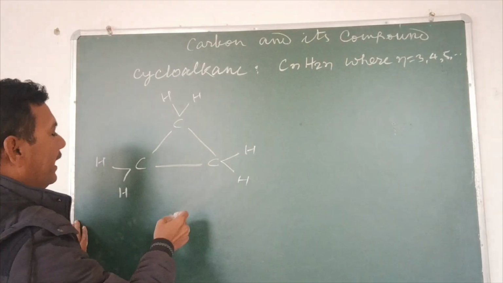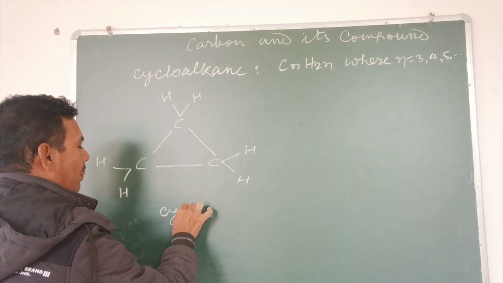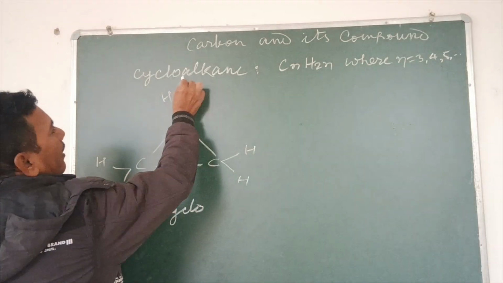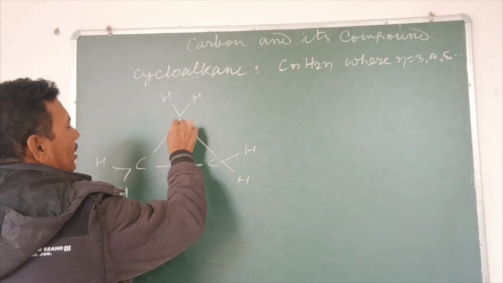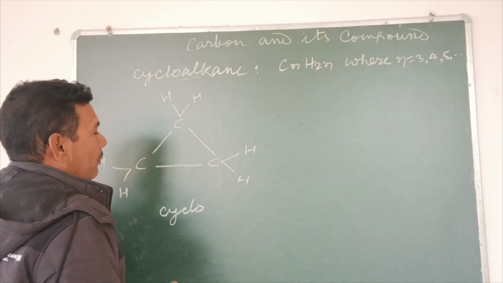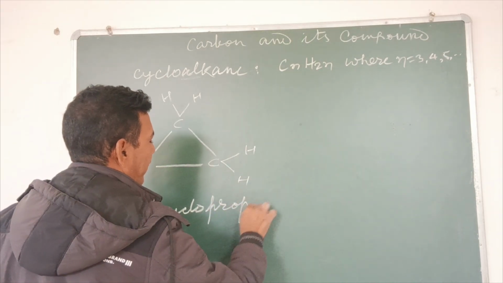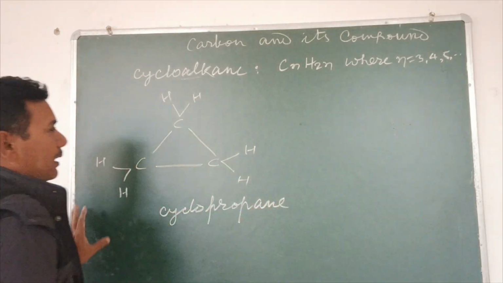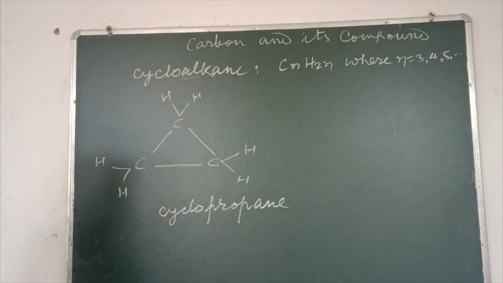And its IUPAC name will be cyclo, and alk will be replaced by the number of carbon atoms. The number of carbon atoms here is 3, for which we will write prop. This will be read as propane, cyclopropane. The IUPAC name of this compound is cyclopropane.